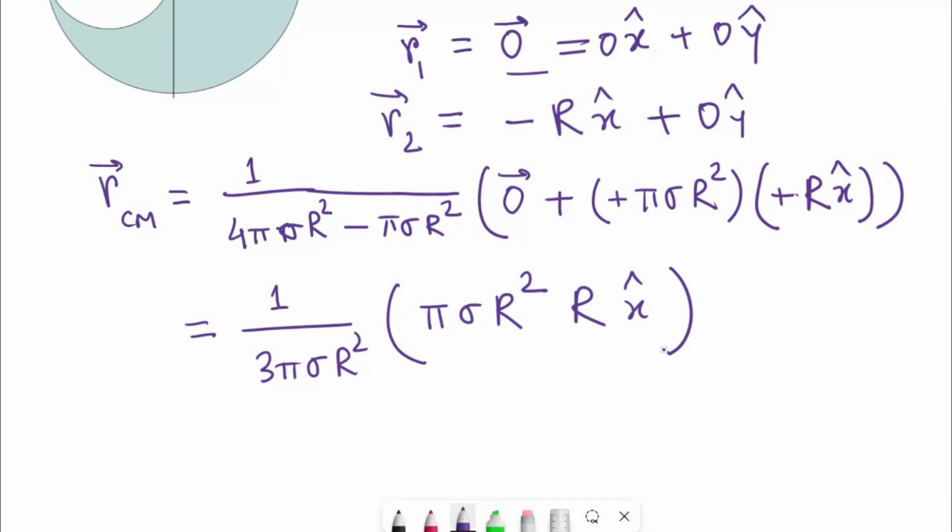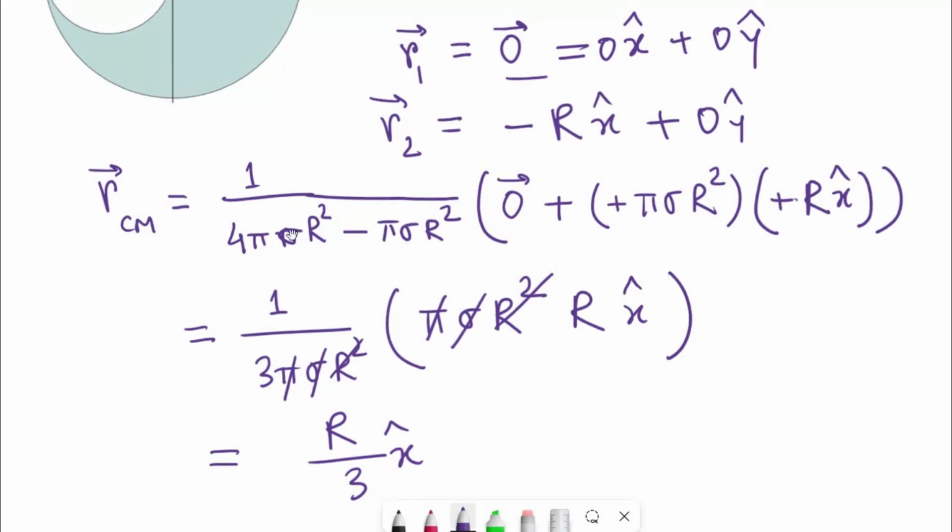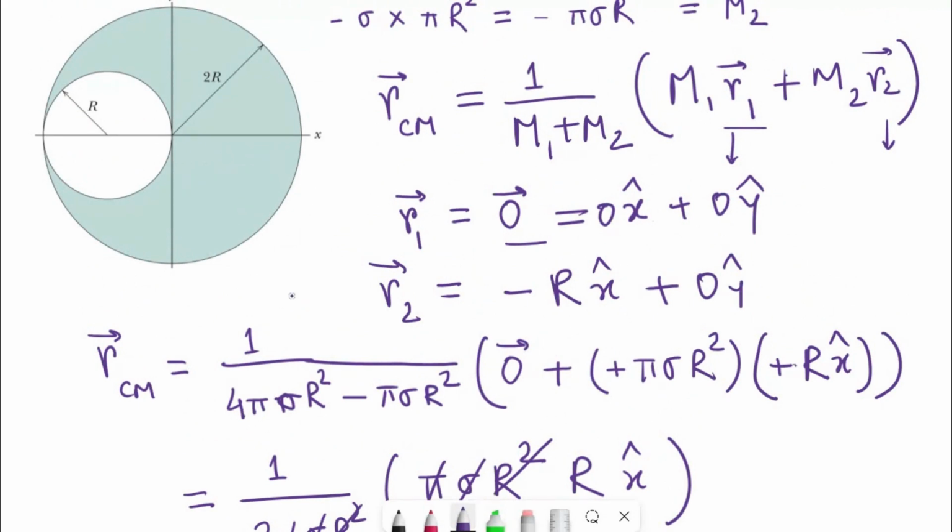Is that right? I think it is right. So r squared cancels r squared, sigma cancels sigma, pi cancels pi, so we end up with r divided by 3 x hat. That is in the positive direction along the x hat, so it's r divided by 3.